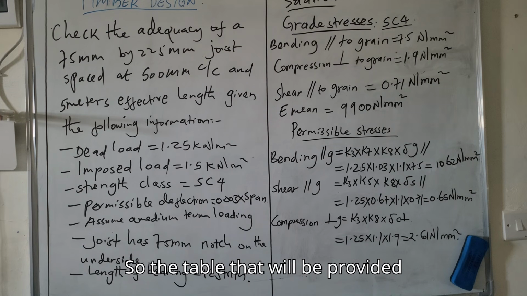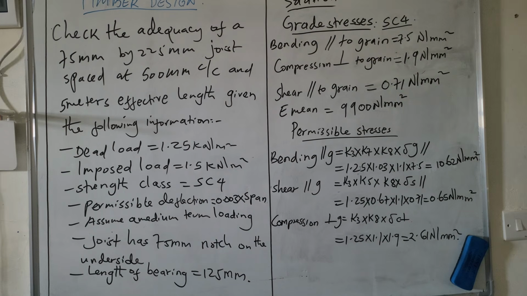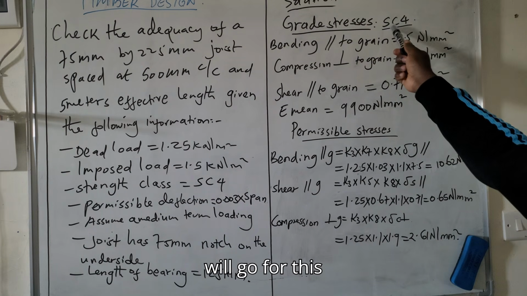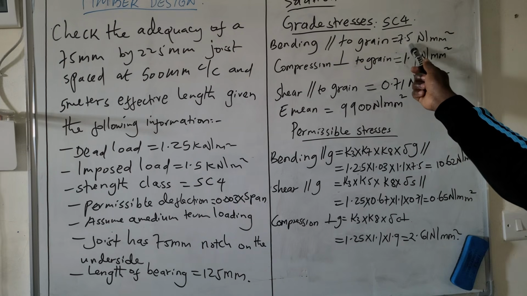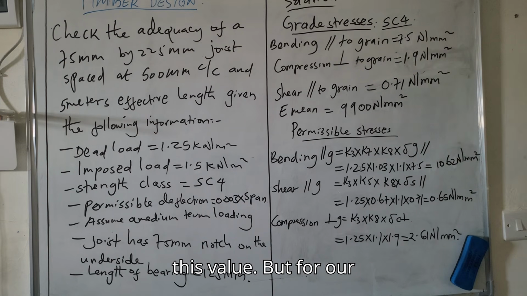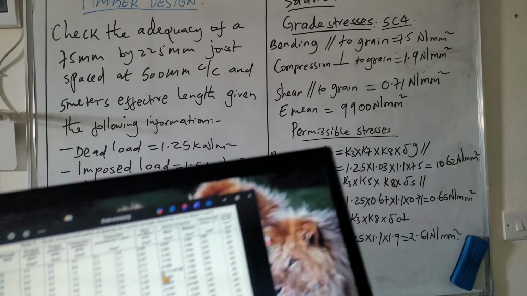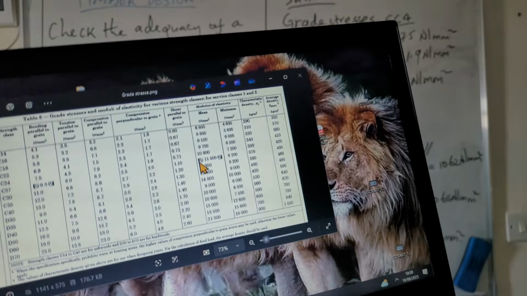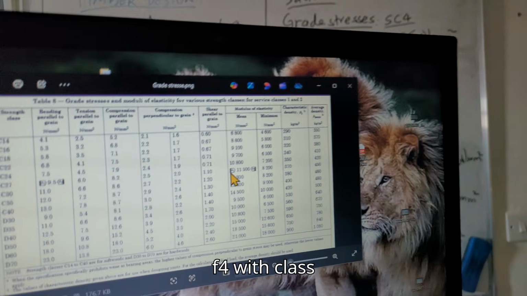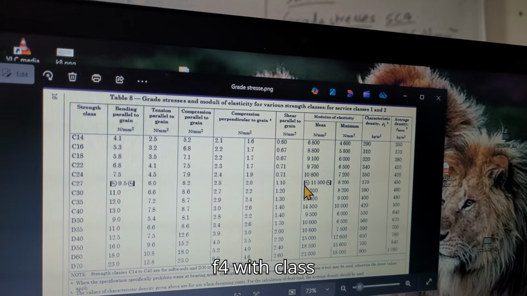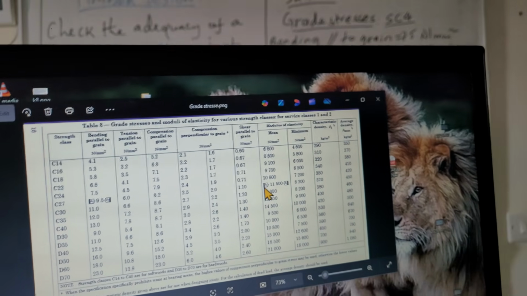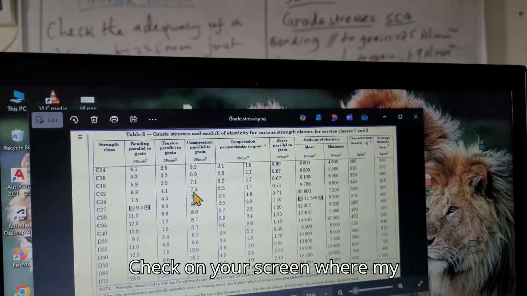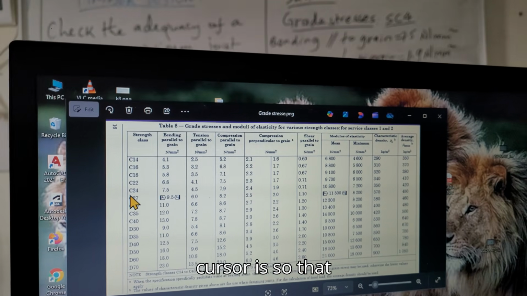So the table that will be provided will go for this strength class 4 and obtain this value. But for our case, I will compare strength class 4 with class 24. Check on your screen where my cursor is.